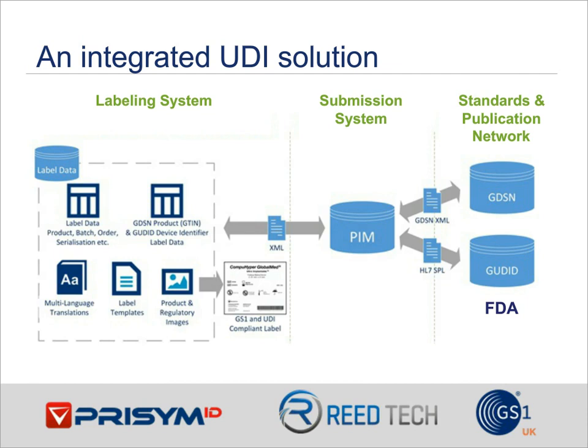So the company I work for, ReadTech, as an example, we do have a database system that builds those SPL documents and submits them. And with some partnering with Prism, the data transfer can be made seamlessly between a labeling system and this submission system.